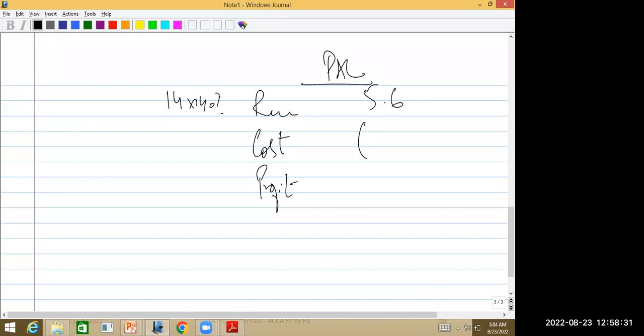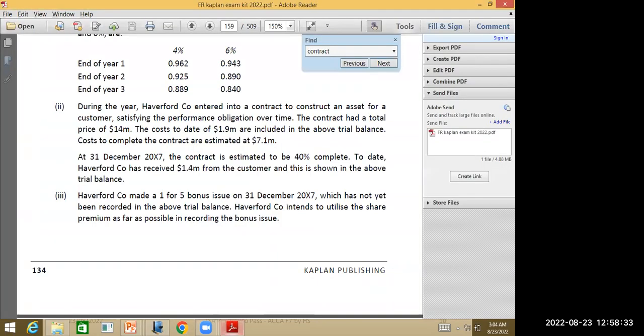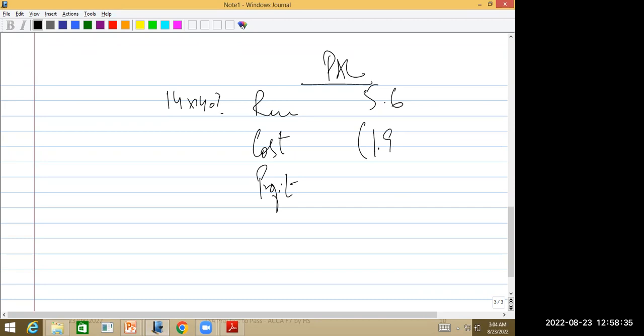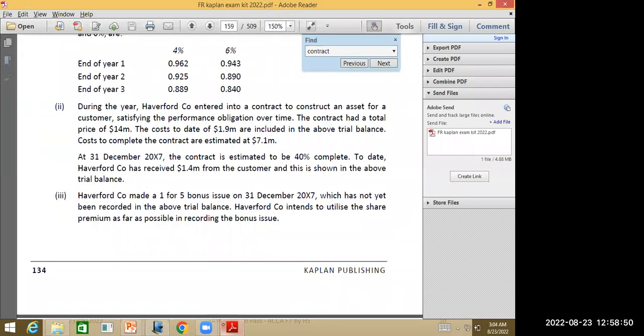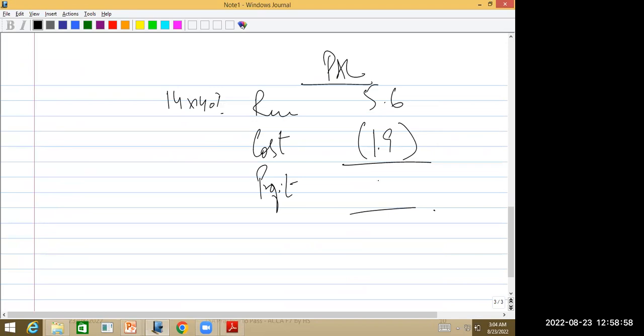The cost to date is 1.9 million. My profit will be 3.7. So what will be the amount? 3.7 million profit.